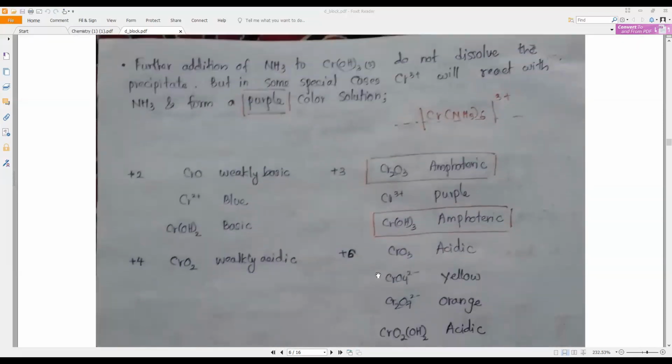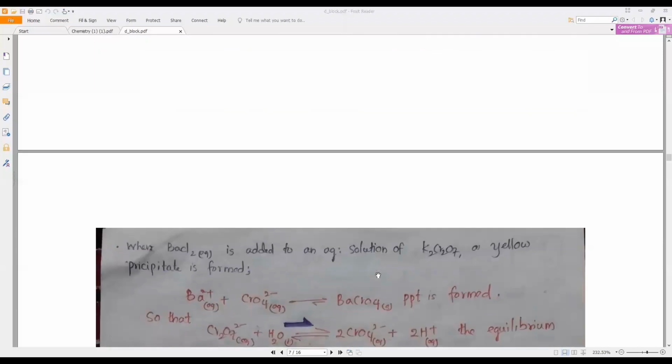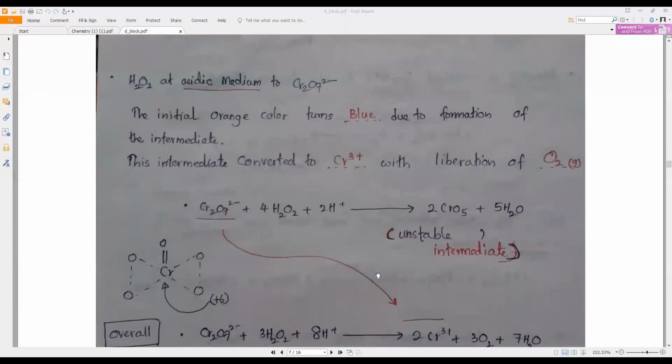The importance of this part is because they have also asked a little bit about chromium, where you have chromium 3+ in a solution which forms from dichromate. This entire thing is directly asked in a question.